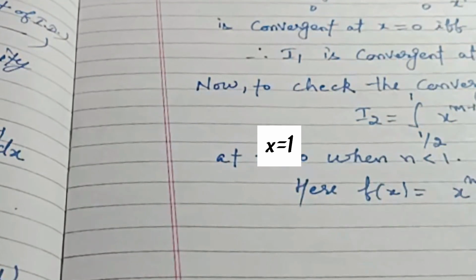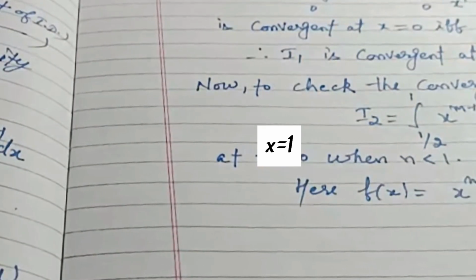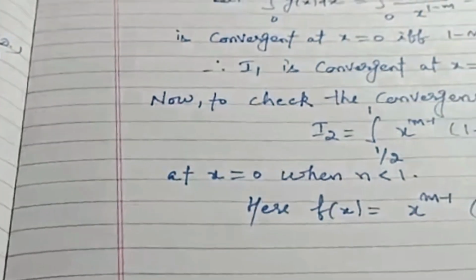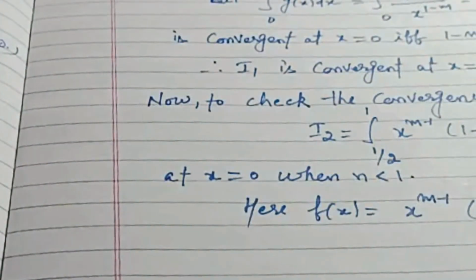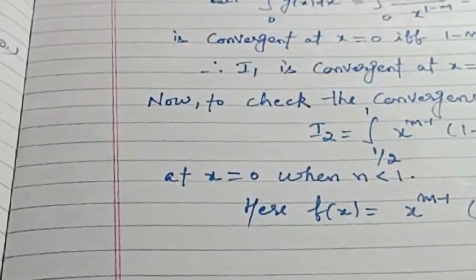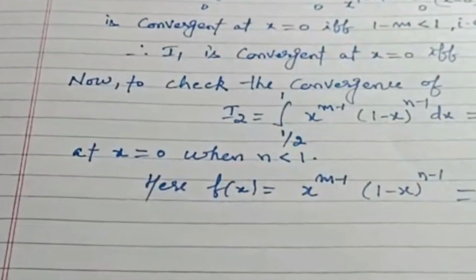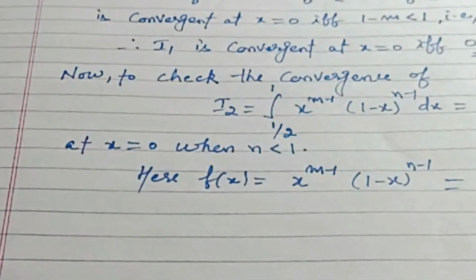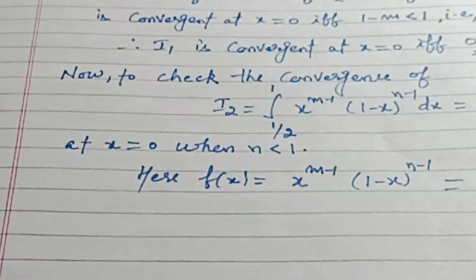That's why now we are writing it as x to the power m minus 1 in the numerator and 1 minus x to the power 1 minus n in the denominator. Why? Because n is less than 1. So this is the way to choose or pick another function g(x) from here.